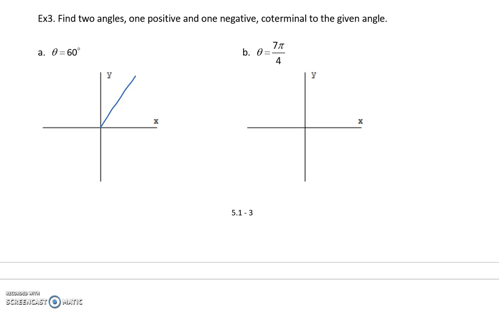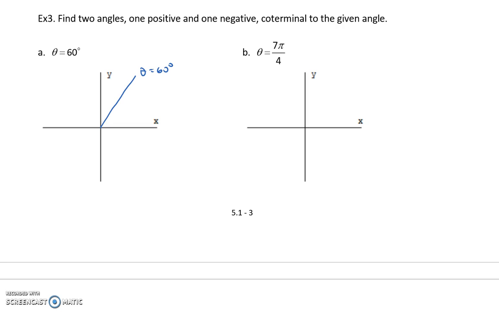So I'll just write this up above here. Theta equals 60 degrees. Now let's let alpha represent an angle of positive degree measure that is coterminal to theta. And let's say its angle measure is larger than theta. It's a positive angle measure.